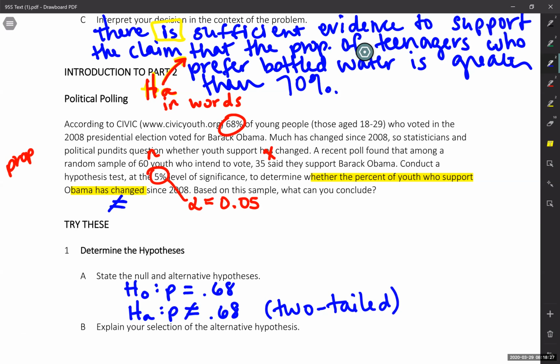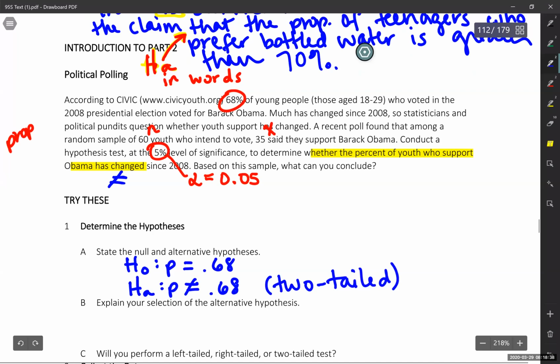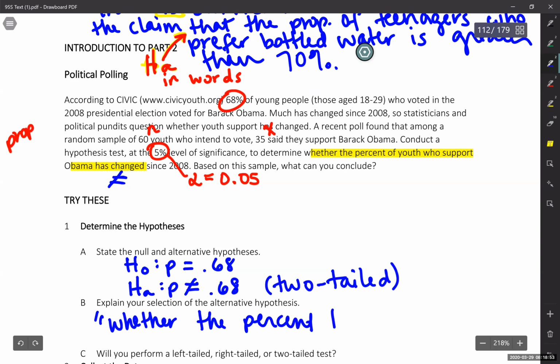Now, explain your selection. You don't see this question when I go through the lecture, but I like to keep it in for this lab part because it just makes sure that you know that you did. So the reason we did was whether, I'm just going to kind of abbreviate that, whether the percent has changed.